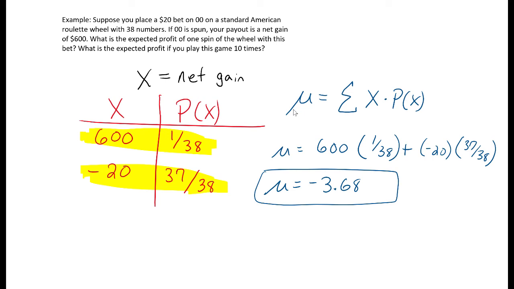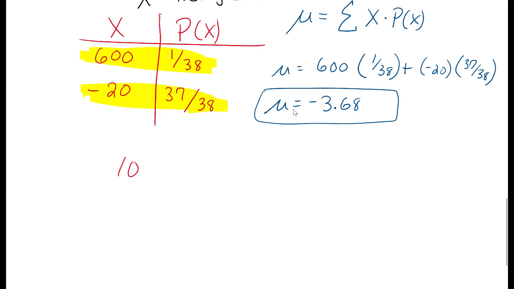Let's go back to the other question. The other question, remember, says, what is the expected profit if we play this game 10 times? Well, for 10 times, all we do is take the amount for one spin, which is a negative $3.68, and multiply that by 10.